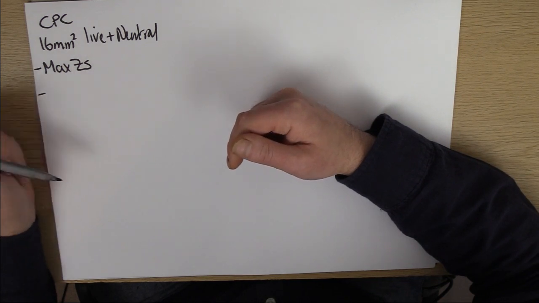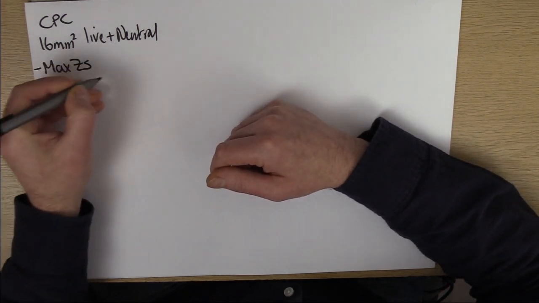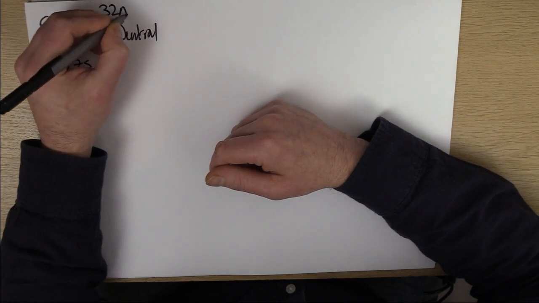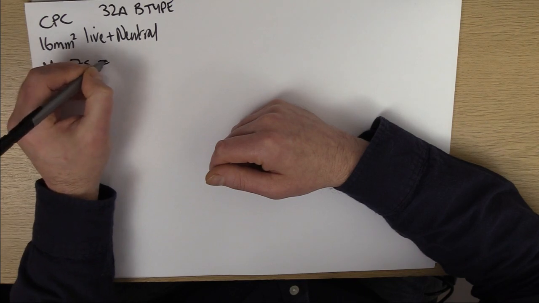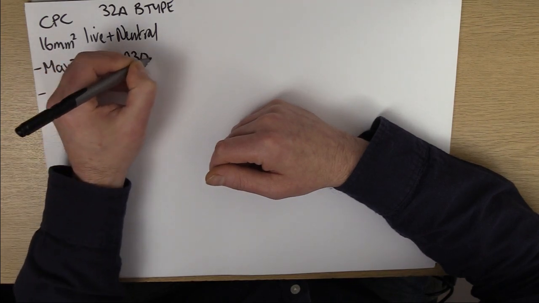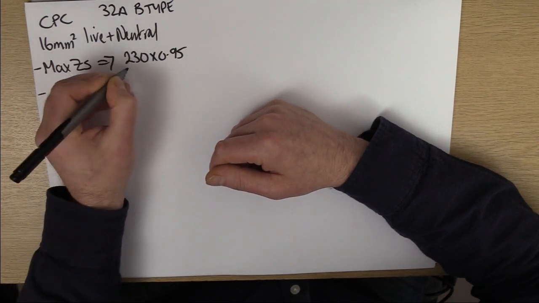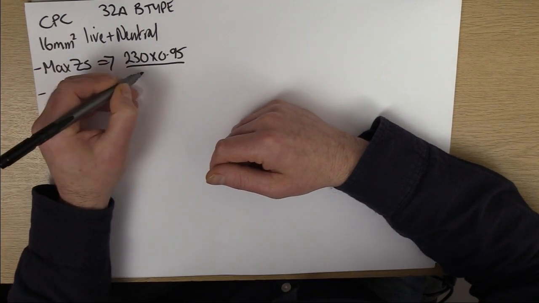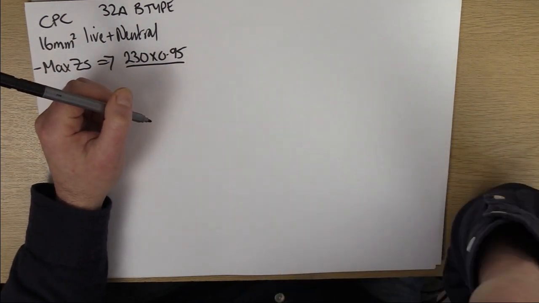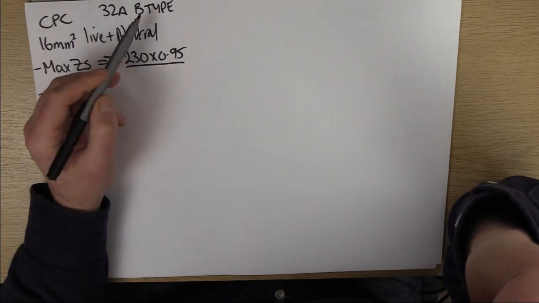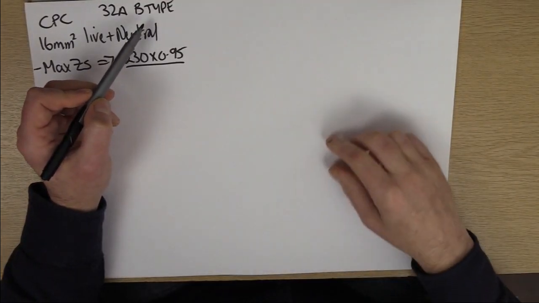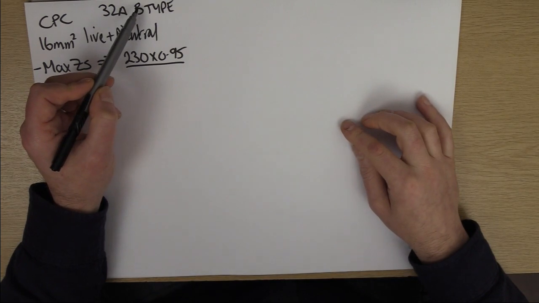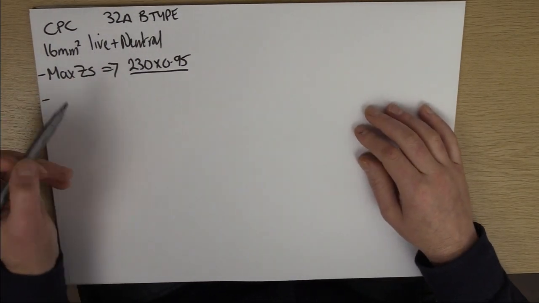So first step then, we need our maximum ZS. Now we had a 32 amp B type, and I'll just do that equation again. It's IA, the trip current required to trip the breaker instantaneously, and to get that, it's its rating times the multiplier based on whether it's a B type, a C type, or a D type.